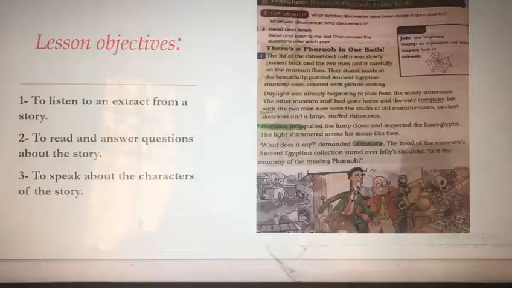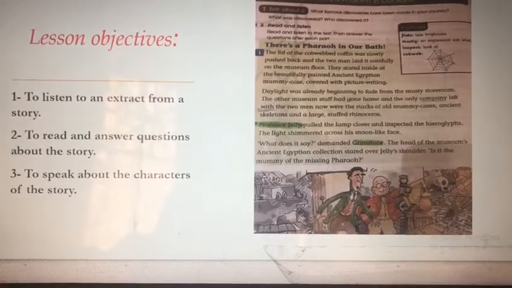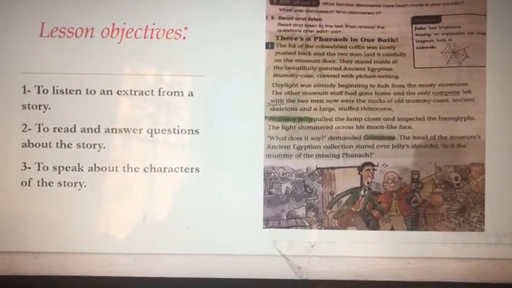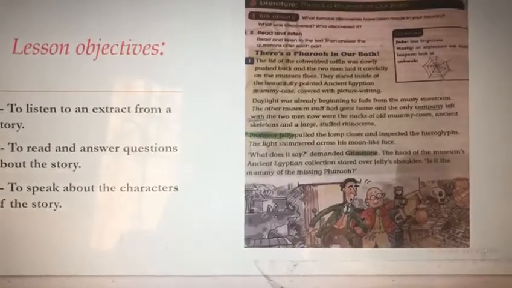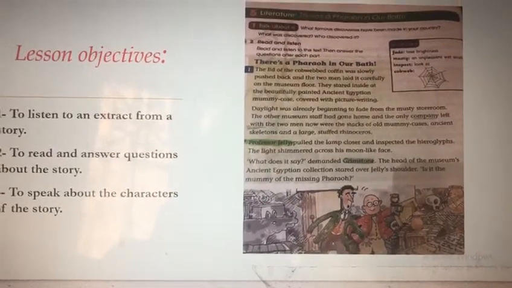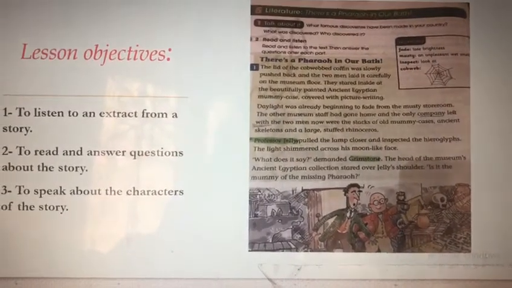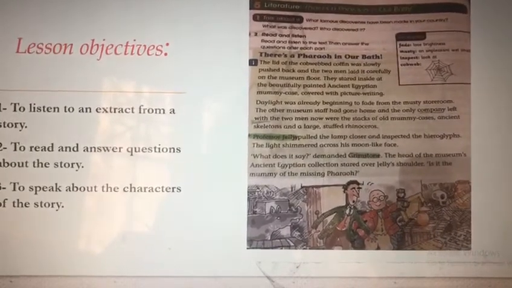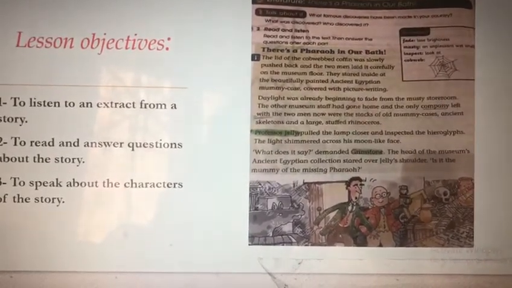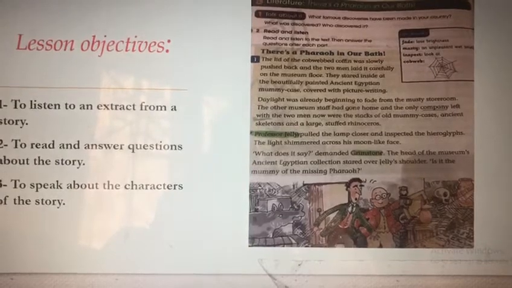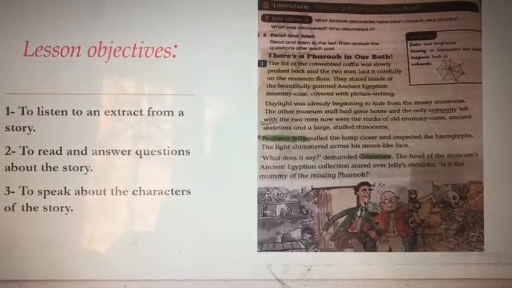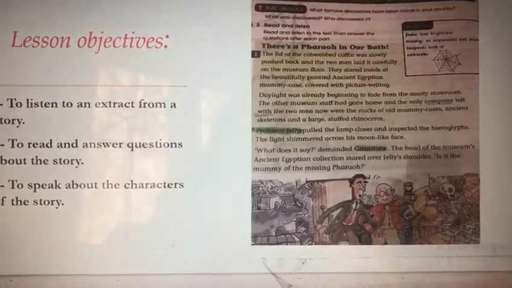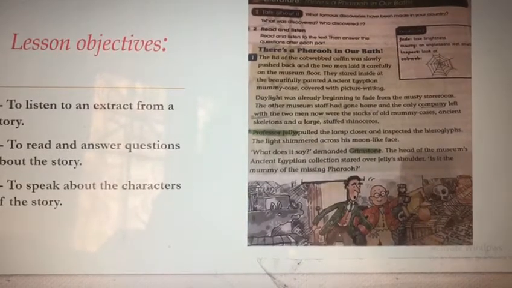Grade 5, before you do the comprehension questions from 1 to 7, I want you to answer my questions. Now, who is Professor Jelly and who is Grimston? Here you have two people, one with an orange jacket and the other with a green jacket. I want you to think about them. And what is the job of Grimston?